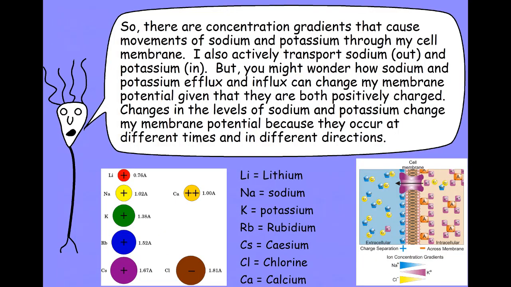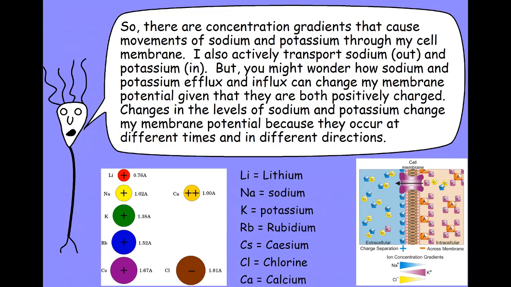Now you might wonder, how is it that influxes and effluxes of sodium and potassium are going to change things, since they differ in size, as you can see here. They both have a positive charge of 1. Well, there are these concentration gradients. There are electrical gradients where positive tends to flow to negative, negative tends to flow to positive.